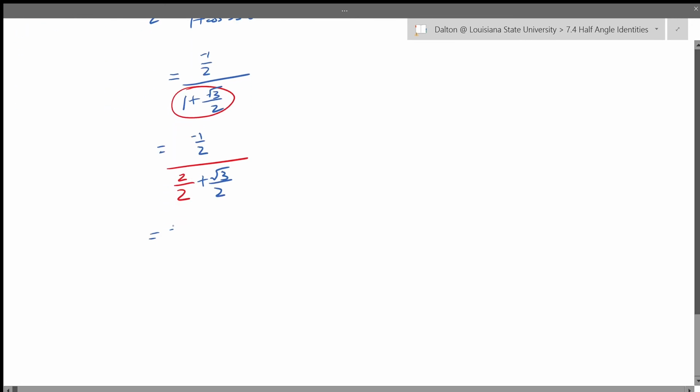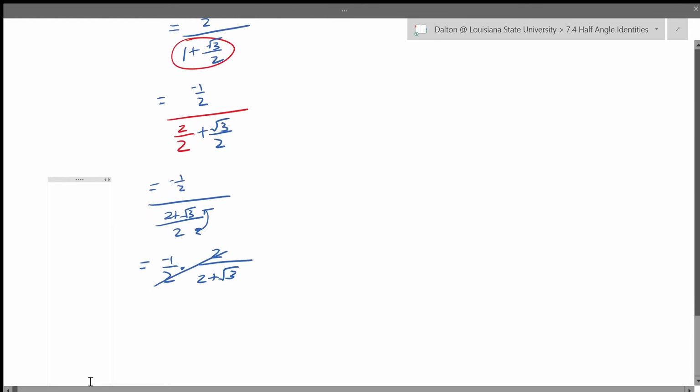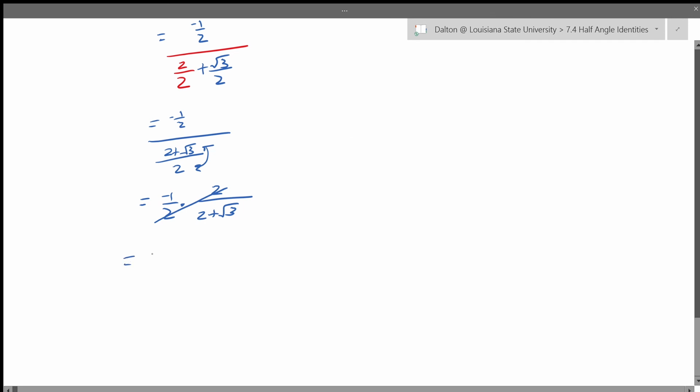So this is equal to negative 1/2 all over 2 plus square root of 3 all over 2. And then again, dividing by a fraction is the same thing as multiplying by the reciprocal. So this is the same thing as negative 1/2 times the reciprocal of the denominator, which will be 2 over 2 plus square root of 3. Well, 2 over 2 cancels, just leaving us with negative 1 over 2 plus square root of 3.